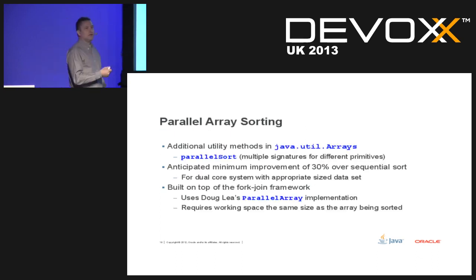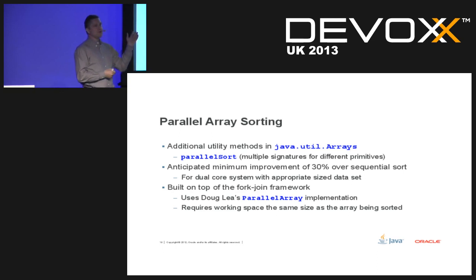Similar to that is the idea of parallel array sorting as a more specific type of operation and making that parallel. So what we're going to do is add some methods to the java.util.Arrays class, and what that's going to do is say, okay, parallelSort, and there'll be a number of different signatures based on different primitive types.